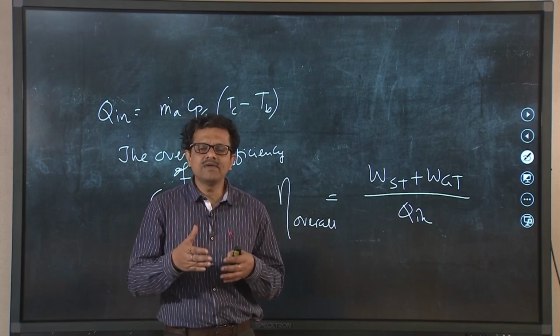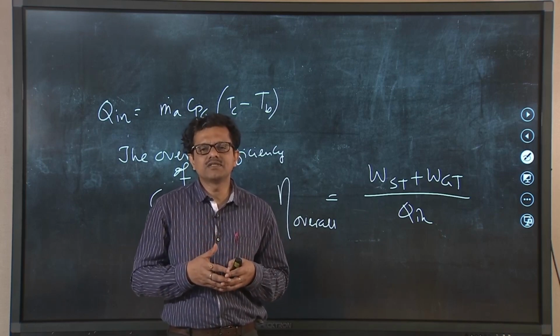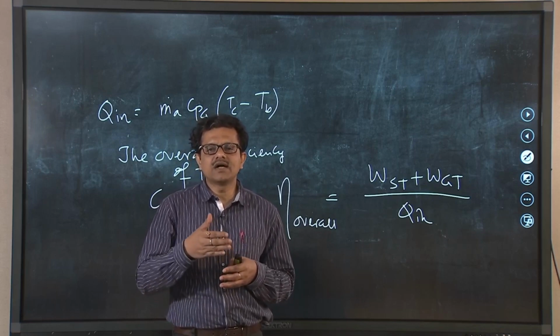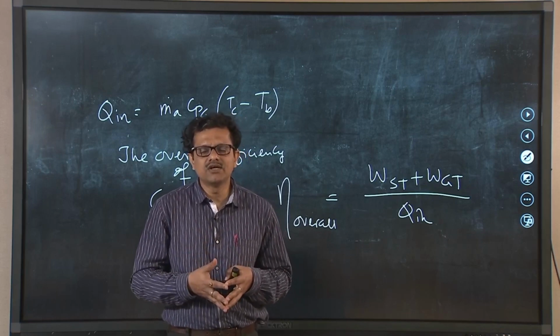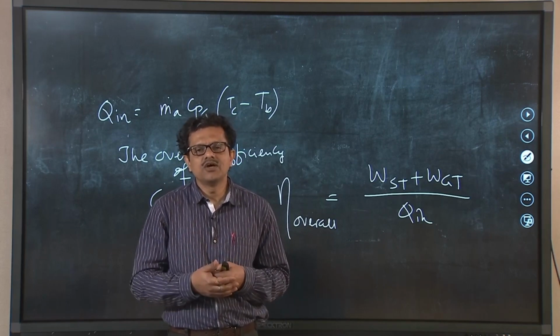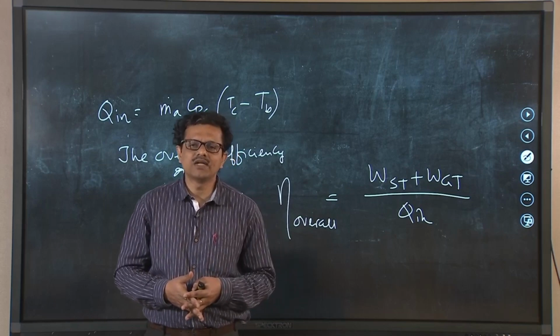But despite several disadvantageous features of the closed cycle gas turbine unit, when that unit is connected in series with the steam turbine unit, we can have a few advantages like high overall efficiency, low environmental impact, and low water requirement.